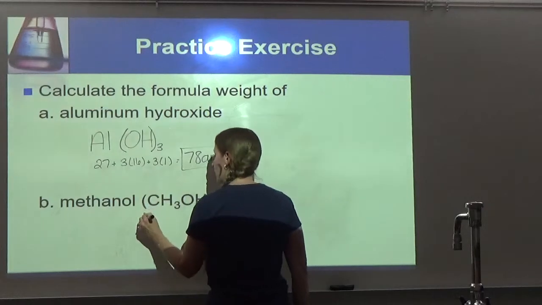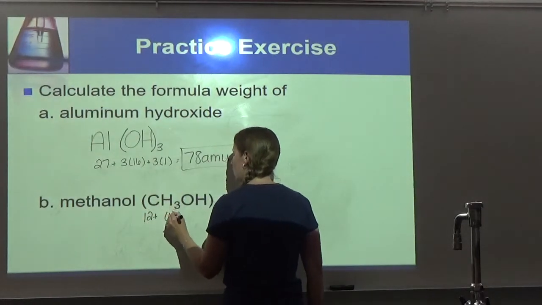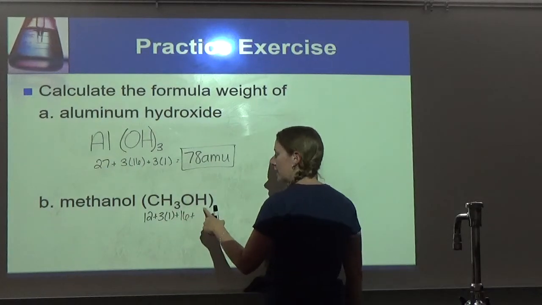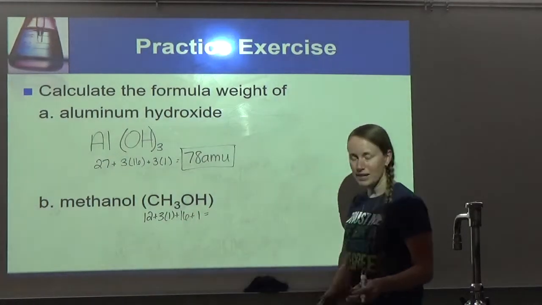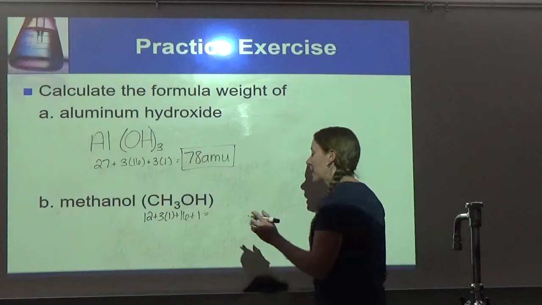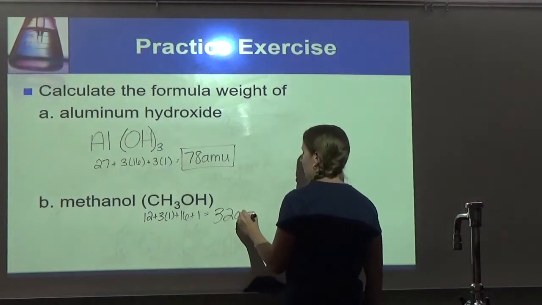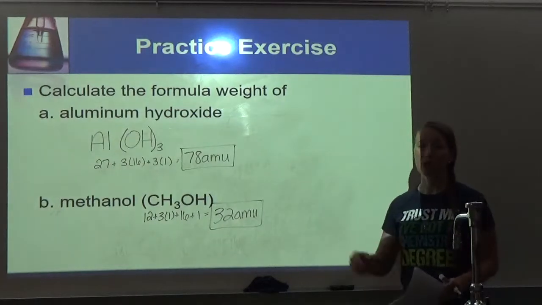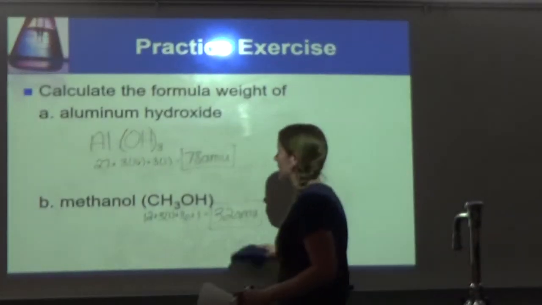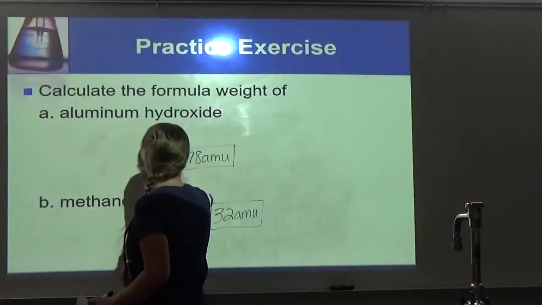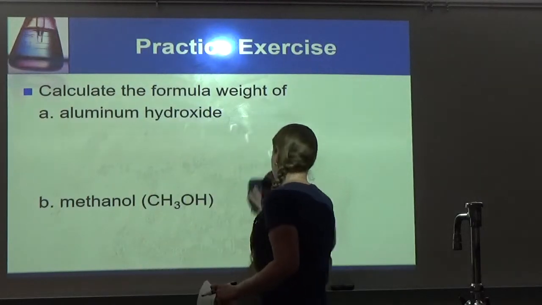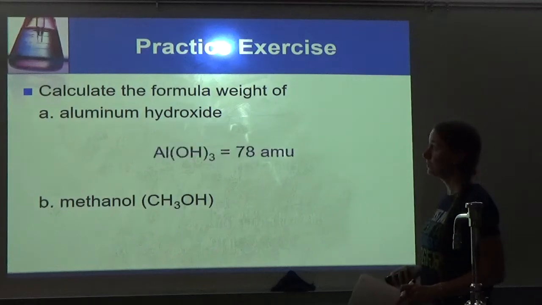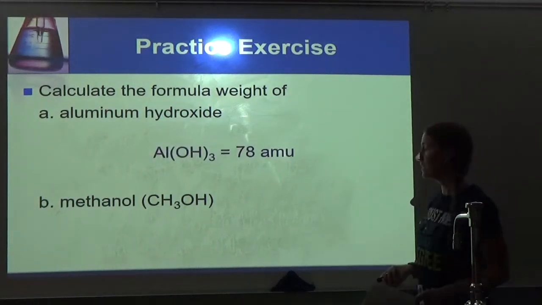So carbon is 12, hydrogen is 1 AMU times 3, oxygen is 16, and hydrogen is 1. So once I add all that up, I got about 32 AMU. All right, so again, molar mass, formula weight. We'll switch over to molar mass soon. Hopefully that is something you remember. We did that a ton in honors chem. We just did grams per mole instead of AMU.